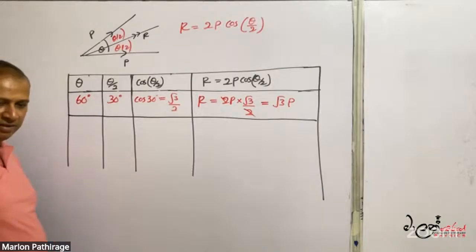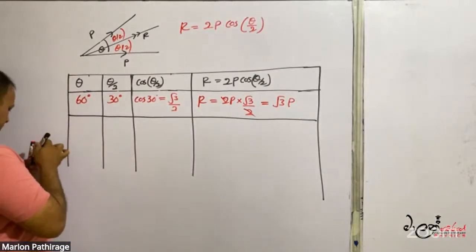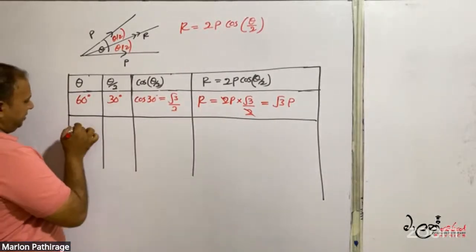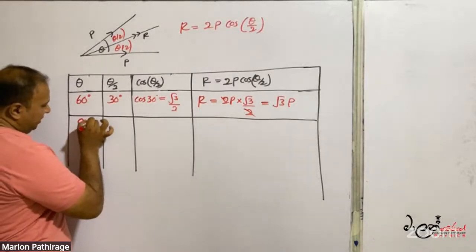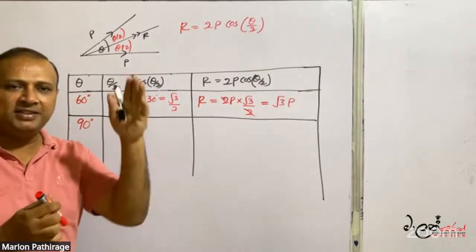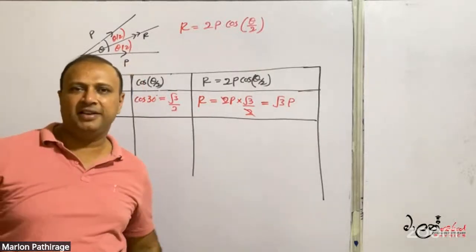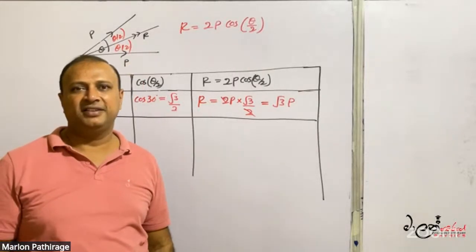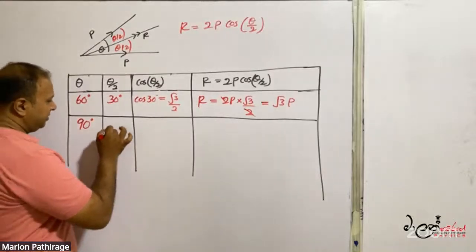If theta is equal to 90, what is the half angle? 45. Yes, very good, 45.